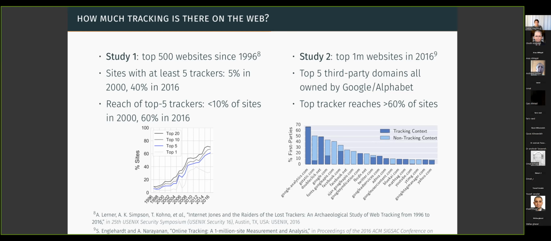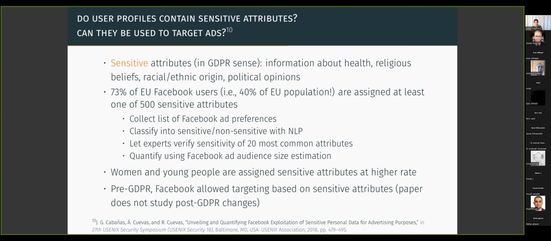Now the other question is whether websites actually do something detrimental with that information that they learn from tracking. So to study this, one thing that you could look at is, do those user profiles really contain sensitive attributes?